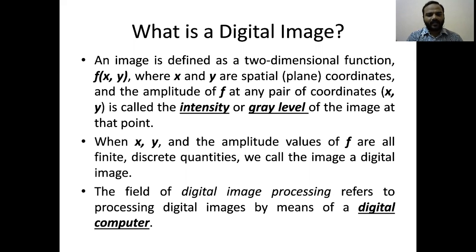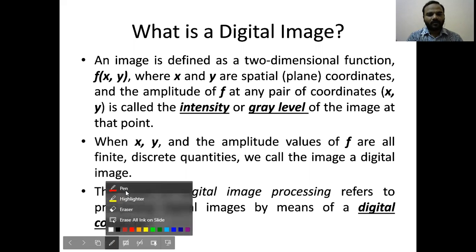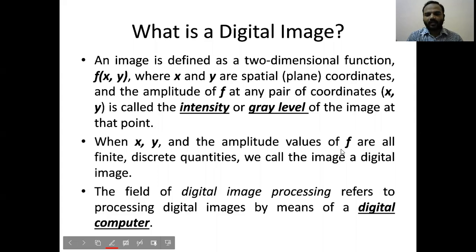When the coordinates x comma y and the amplitude f are all finite discrete quantities, we call the image a digital image. The field of digital image processing refers to processing digital images by means of digital computers.